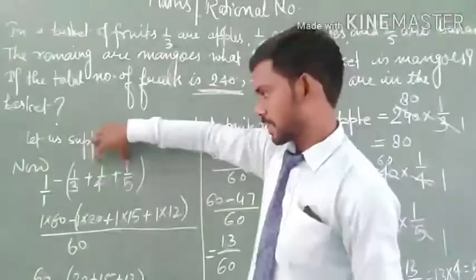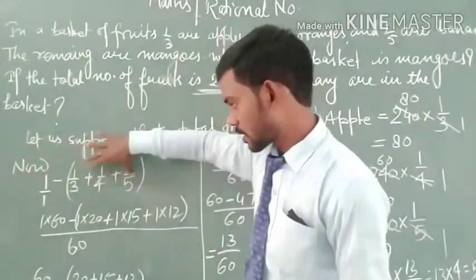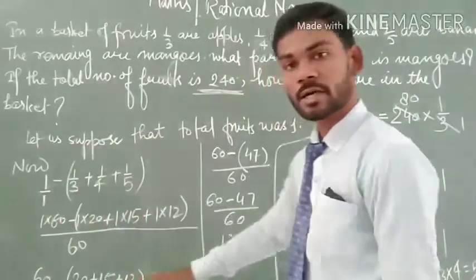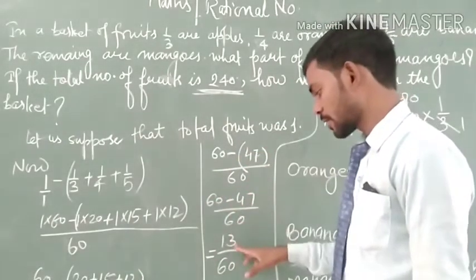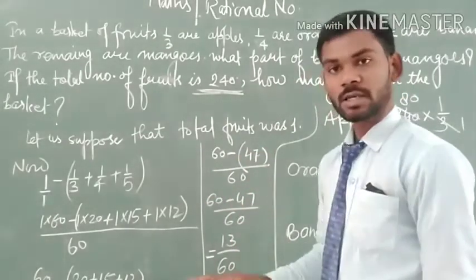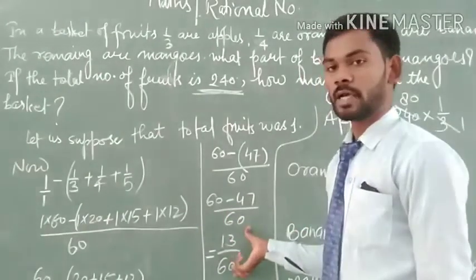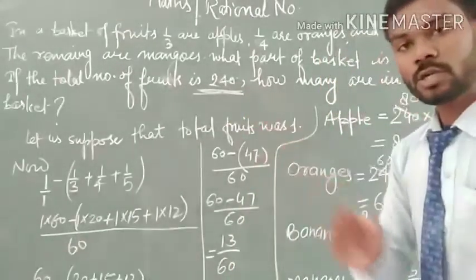So we shall add them and subtract this from the whole. And here you can see that this is the simplification, and here we clearly simplify them. Then finally we get 13/60 as the part of mango.